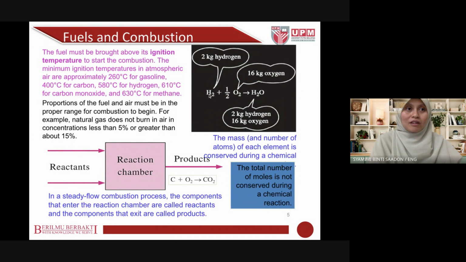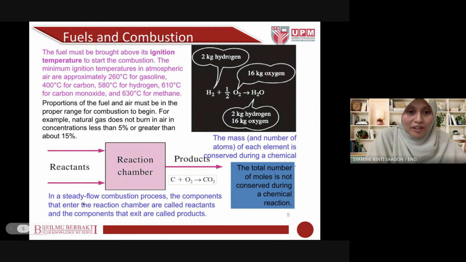For one molecule of hydrogen to be combined with 0.5 molecule of oxygen to get one molecule of H2O. This is from the chemical equation, which has to be balanced, the number of each element before and after. For example, here we have 2, so after we need to have 2. This is the ideal case, when it can be done with complete combustion. Later on we will see incomplete combustion also.